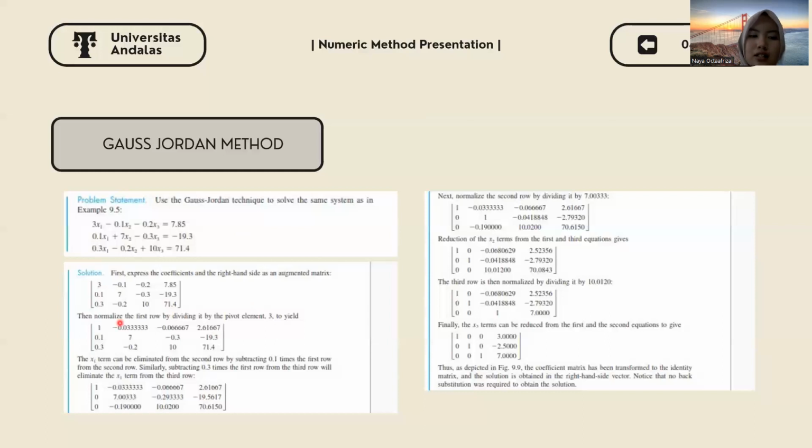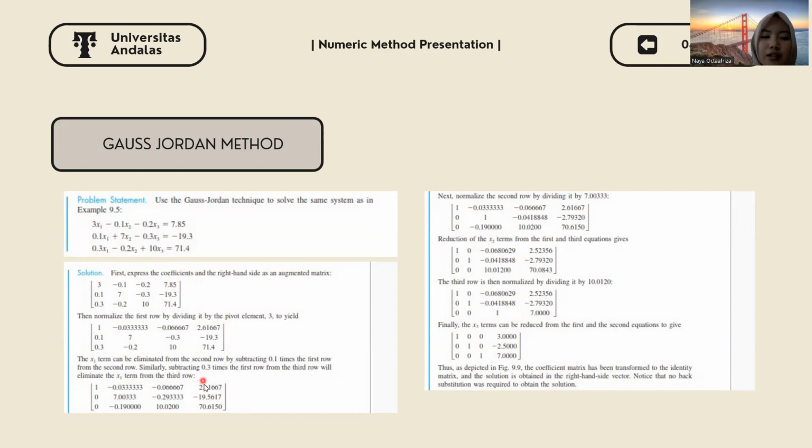After that, we divide the first row by the pivot element 3. So 3 divided by 3 is 1. Minus 0.1 divided by 3 is minus 0.03, and this divided by 3, and this divided by 3, just the first row.